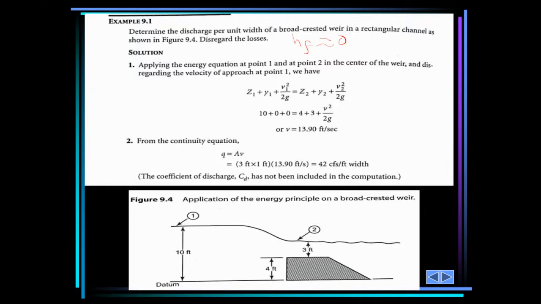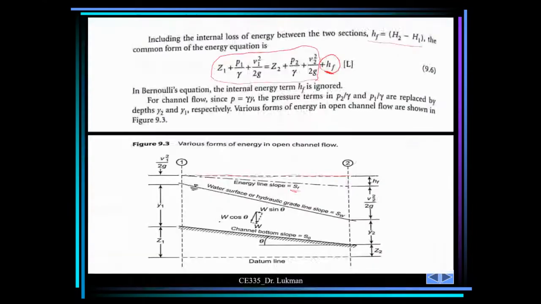Point 2 is in the center of the weir, and we disregard the velocity of approach at point 1. Normally you have this velocity of approach. It is more pronounced at the other section, because it increases as you move downstream.